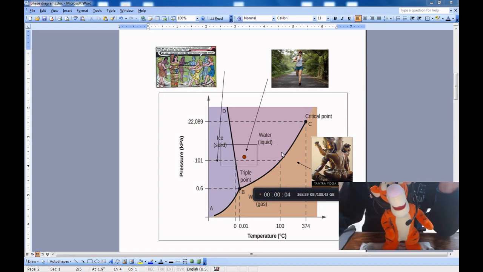So let's just say that maybe we'll move these pictures around, get different pictures. But if these were the pictures, how do we get Wonder Woman to get into Tantric yoga, Yab Yum, right? So that would be vaporization. And then how does Yab Yum come back to runner girl? That's condensation.